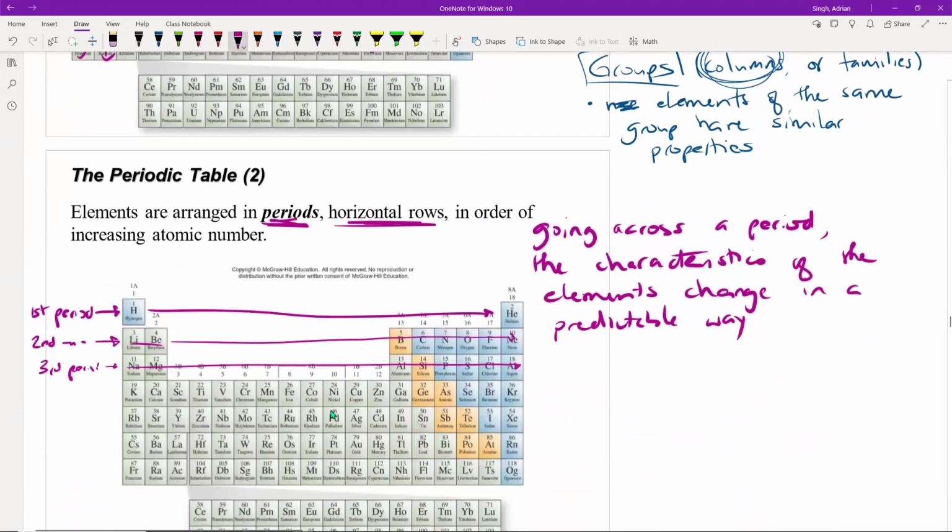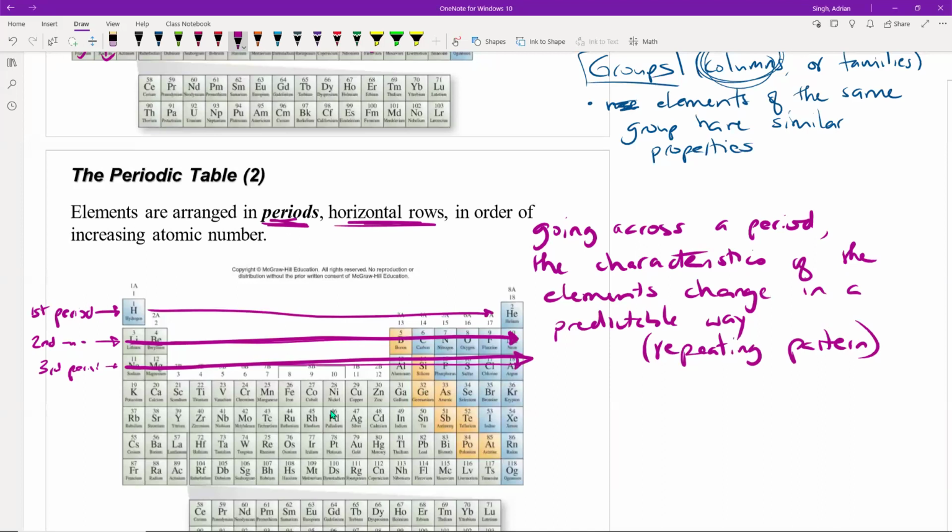Elements in the same period are going to have different characteristics, but they differ in the same way. So going across period 2, for example, from left to right, the characteristics of the elements change in the same way as if I go across period 3. So that's a repeating pattern, or a periodic pattern. And that's what we mean by periodic in terms of the table.